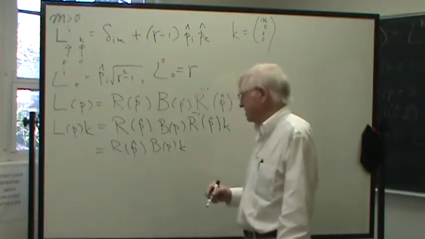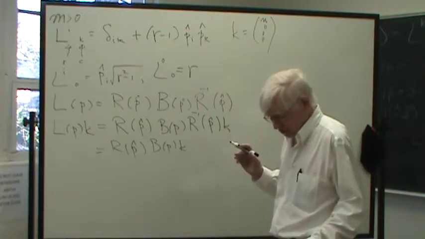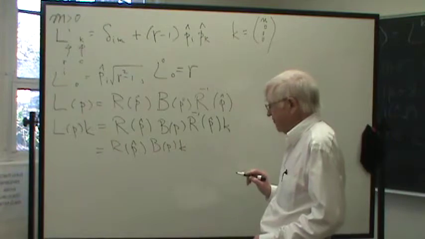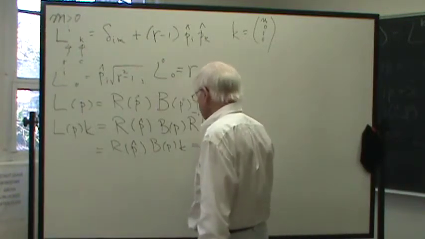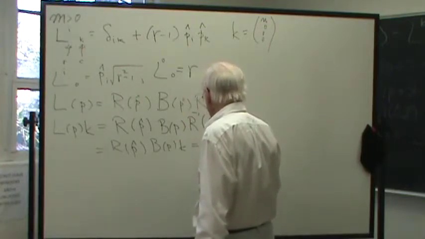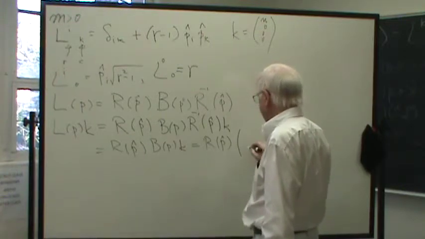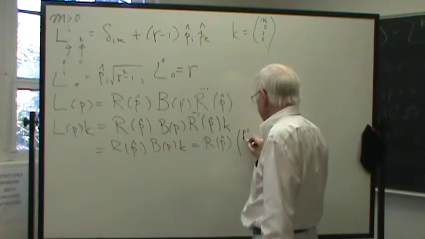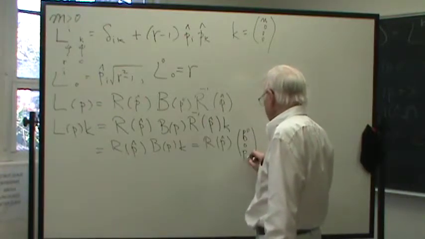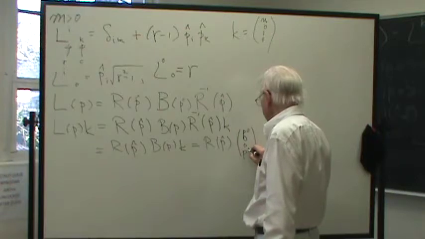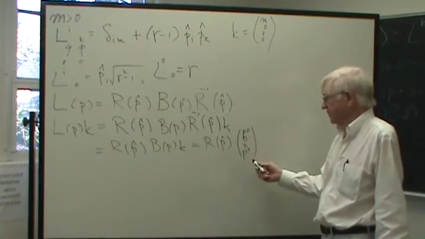Now what does B of P do? B of P takes K, which is a particle at rest, and shoots it off in, let us say, the Z direction. And so now it has full momentum: energy, momentum in the 3 direction.